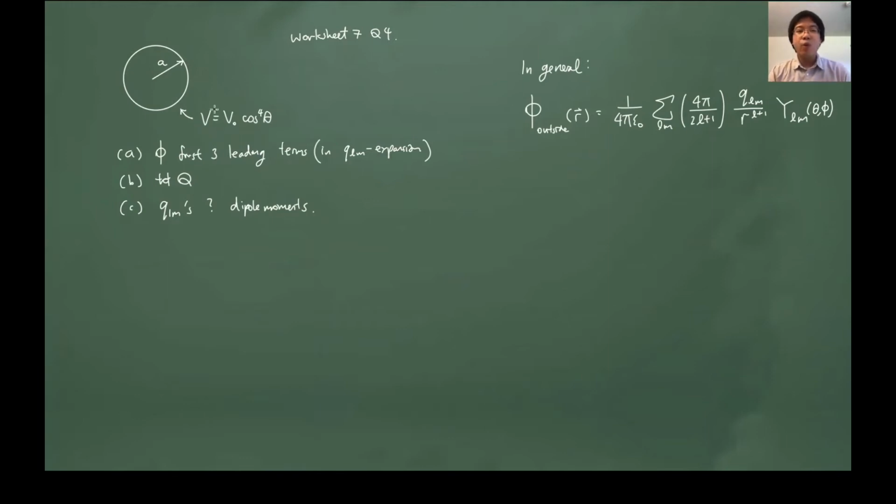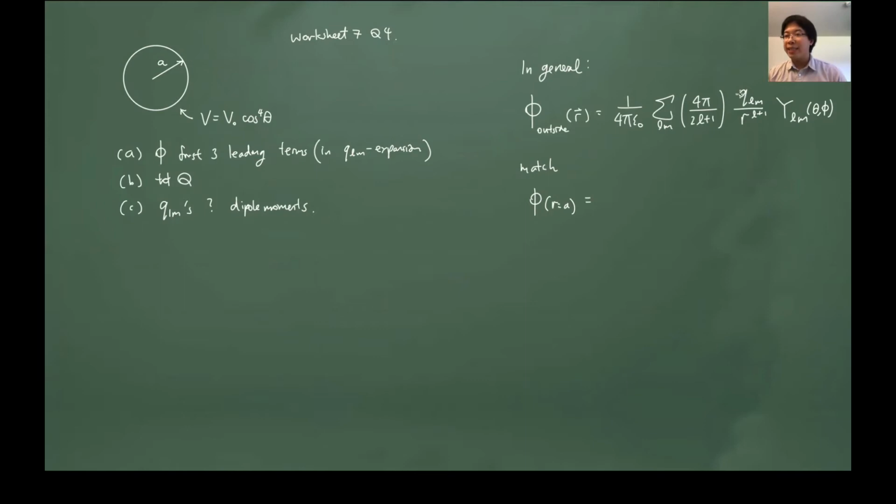Well, the only condition we're given is that the radius is a, and on this surface, at r equals a, the potential looks like this. So we want to somehow make use of this information. How can we make use of it? The best way to do it is by matching. Okay? So we want to match the potential at r equals a.